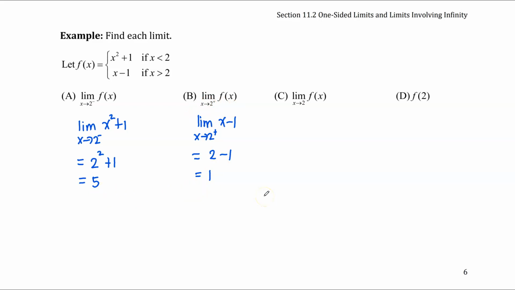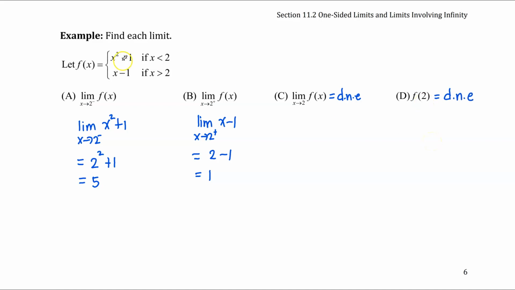So therefore, we say that the limit here does not exist because the left-hand limit is not equal to the right-hand limit. And also, if you want to get the value of the function at 2, note that there is no equality here. So that means the function is not defined at 2. So we say that the function does not exist at x equals 2.